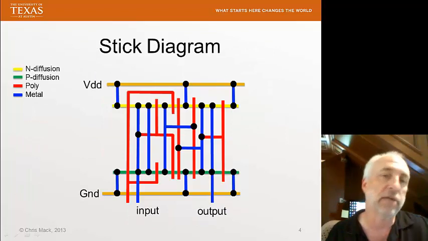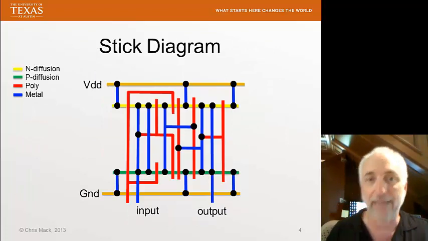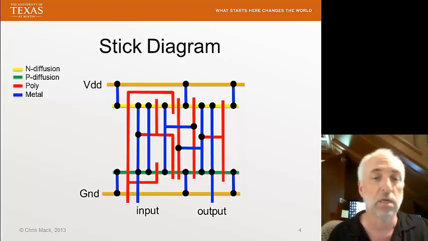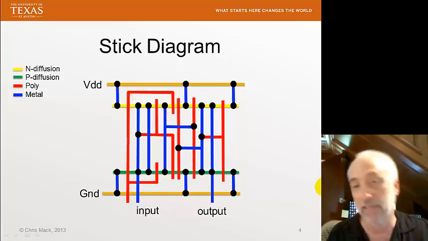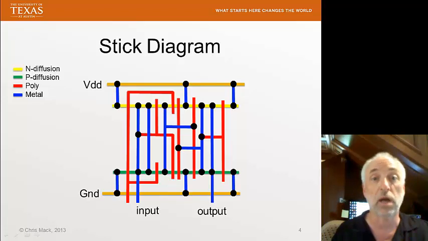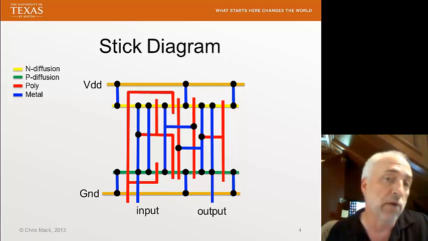Here in the stick diagram, we ignore things like how wide they actually are, but the topology is about right. That is, if I show a polysilicon line moving and turning and coming back, that's actually what it does. It's the right topology.